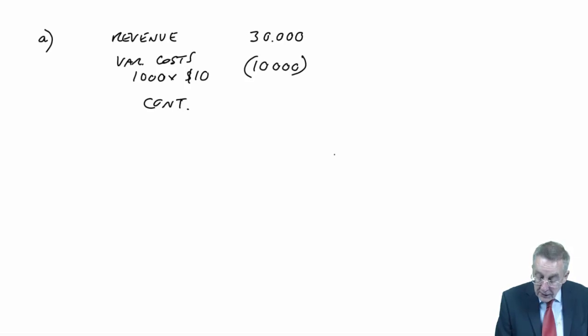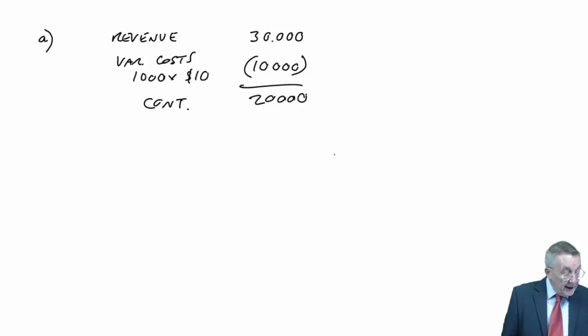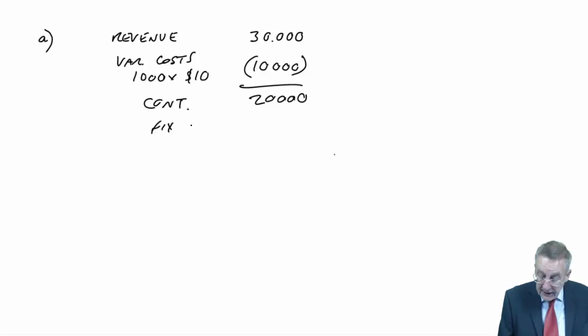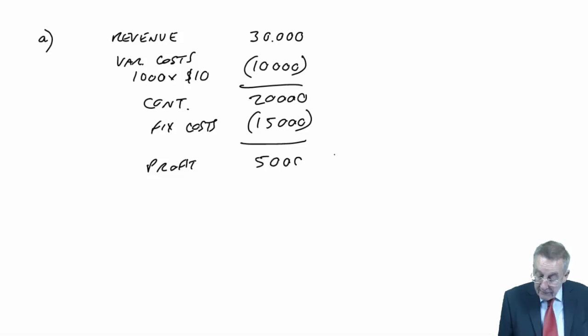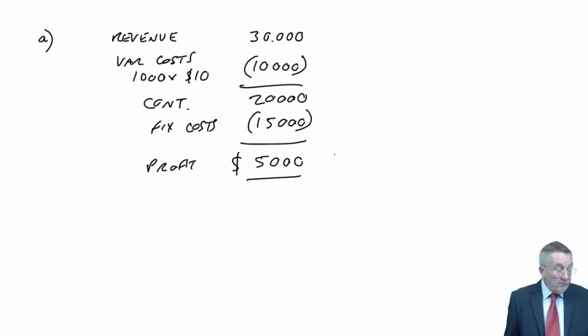So the contribution is 20,000. The fixed costs are 15,000, and therefore it is indeed profitable. The profit is 5,000. So no problem, that was easy.